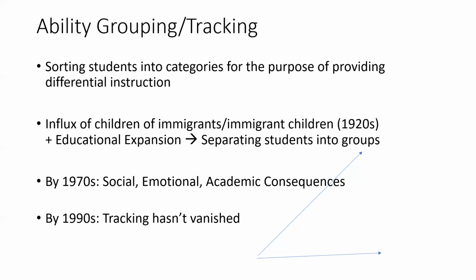And one of the concerns was that once a student was assigned to a particular track, it was very rare for the student to be moved from that track, regardless of how they were performing.